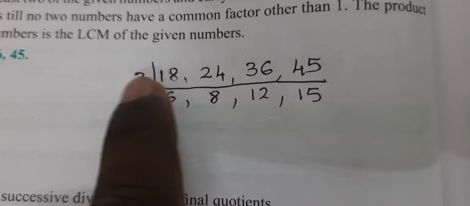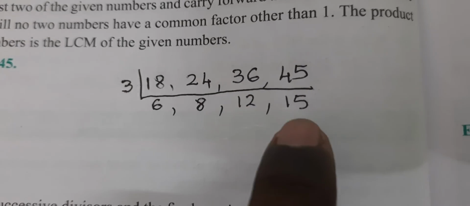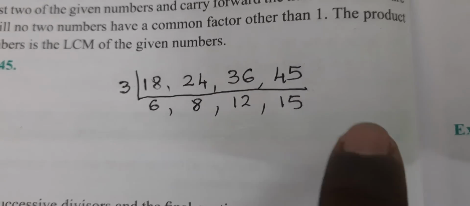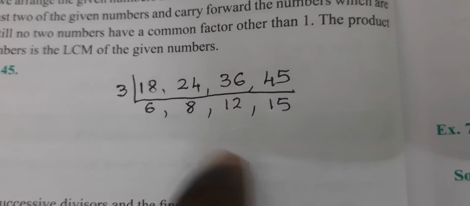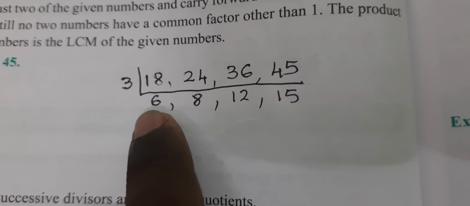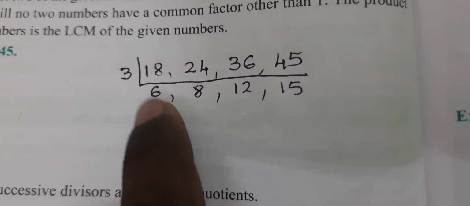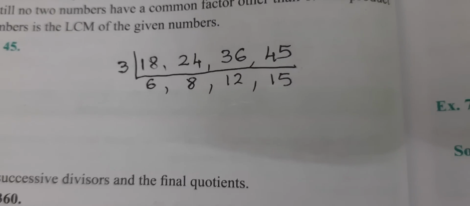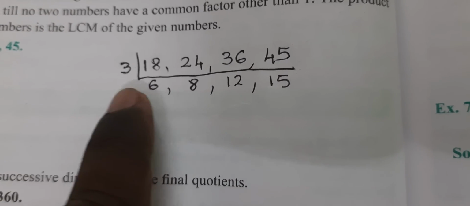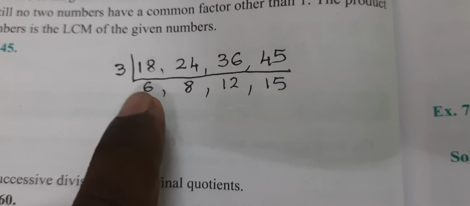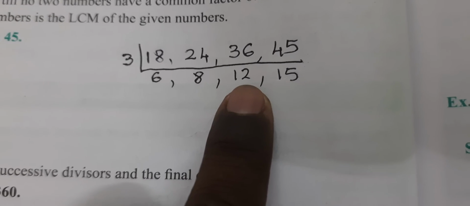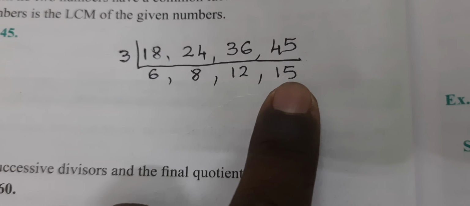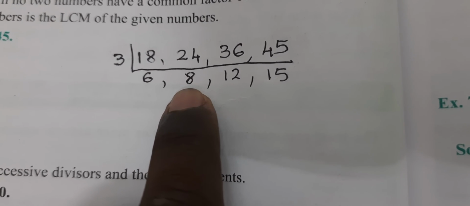3 6s are 18, 3 8s are 24, 3 12s are 36, 3 15s are 45. Next, let us try to find another table which can divide 6, 8, 12 and 15, all of them. We don't have any such table. 3 will divide 6, 3 will even divide 12 and 15 also, but 3 doesn't divide 8.